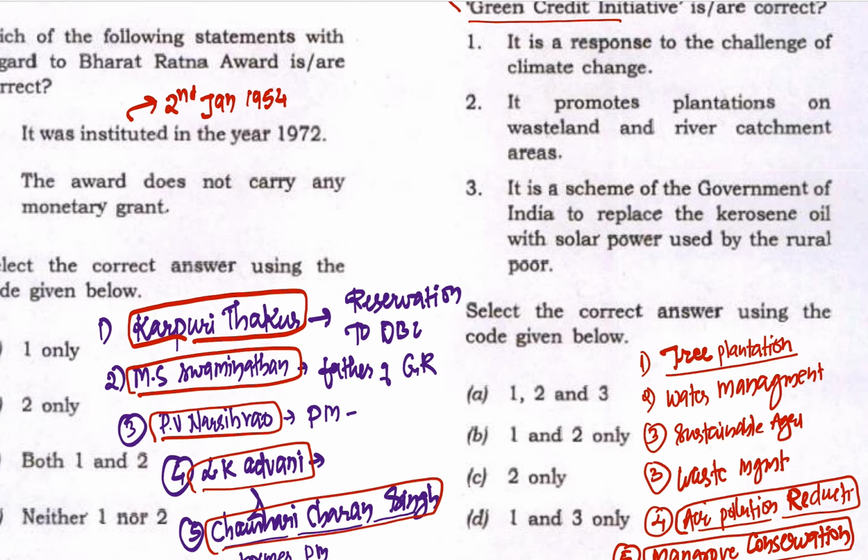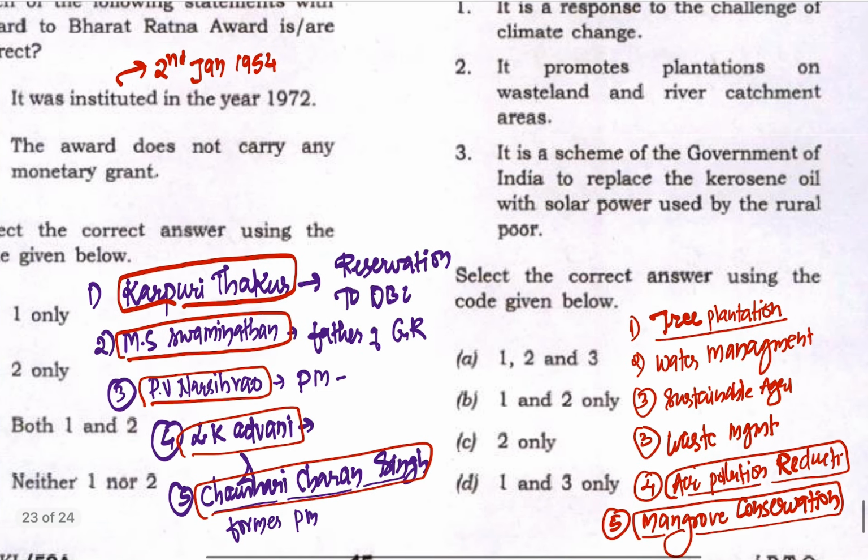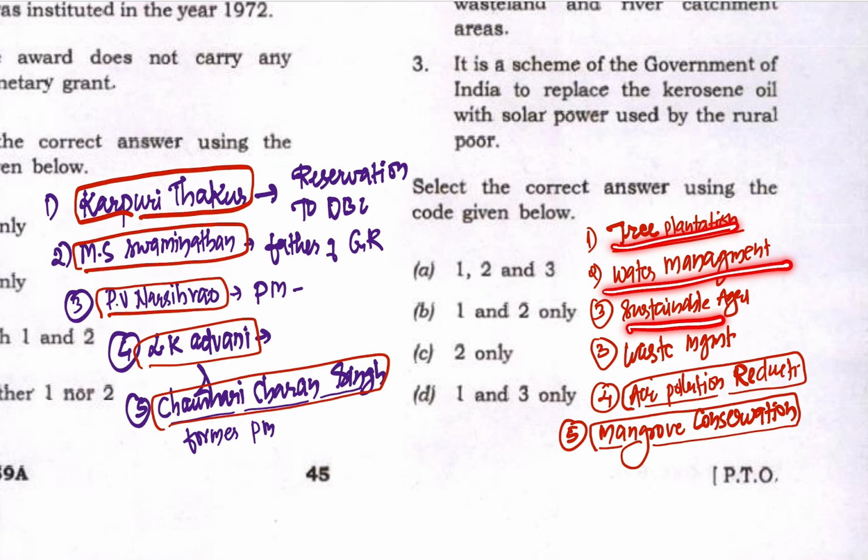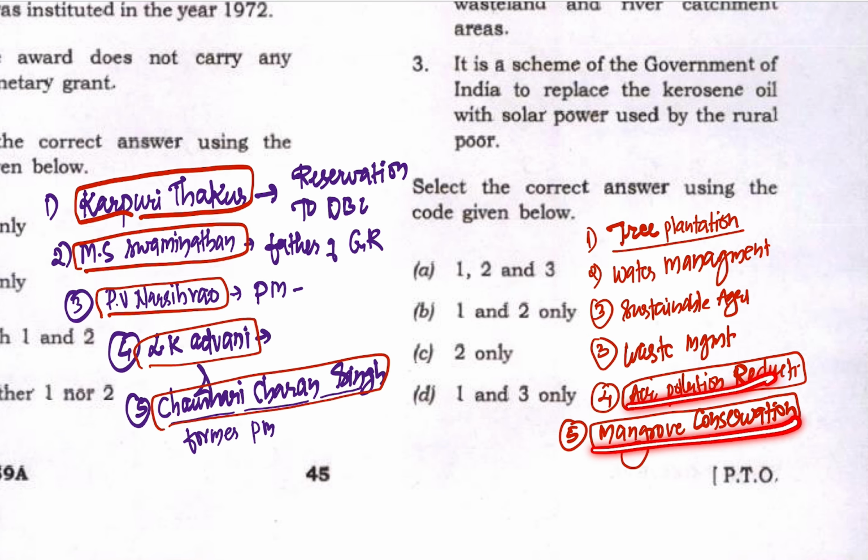This is also correct. It is a scheme of the Government of India to replace kerosene. This is not correct. Rather, it encourages businesses, individuals and companies to invest their money in projects which promote environmental sustainability, such as tree plantation, wastewater management, sustainable agriculture, waste management, air pollution reduction and mangrove conservation.